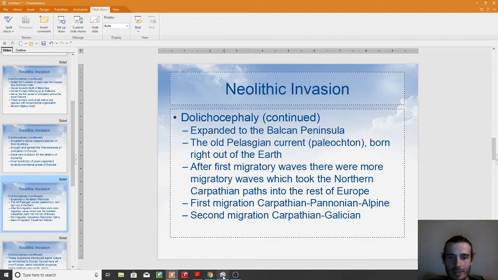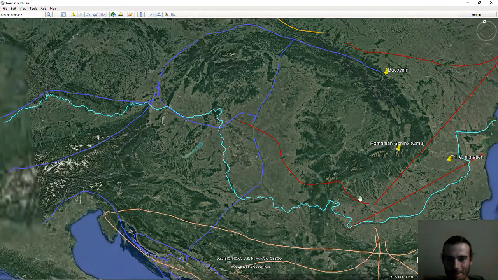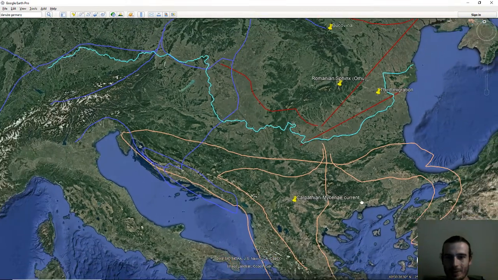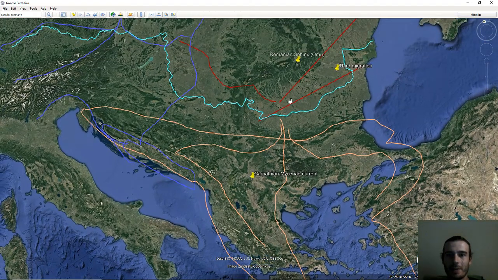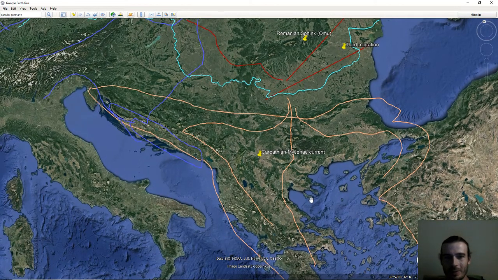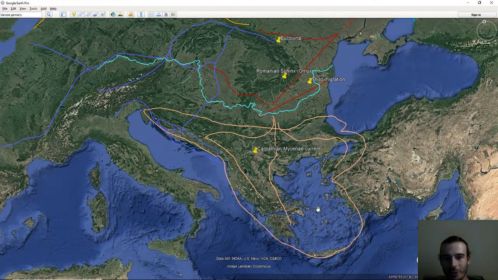Then they expanded towards the Balkanic Peninsula. Now, the Balkanic Peninsula is pretty much this area, south of the lower Danube. The Balkans are named after the Balkan Mountains, but it's really this whole area, which includes Minor Asia, Greece, what used to be Thrace and Macedonia, Illyria, Dalmatia, this whole area of modern day Europe.